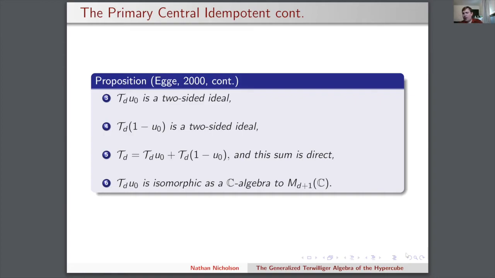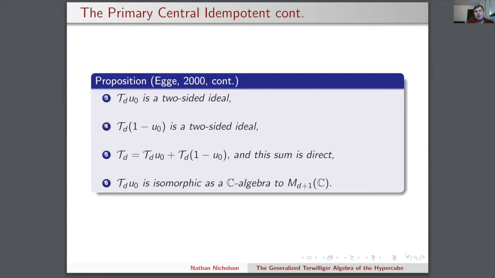Now I want to highlight those points 5 and 6, because remember what our goal is. Our goal is to show that TD is isomorphic to this direct sum of full matrix algebras. And look at what 5 does. It writes TD as a direct sum of smaller algebras.